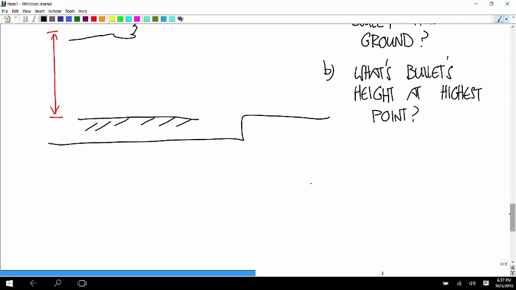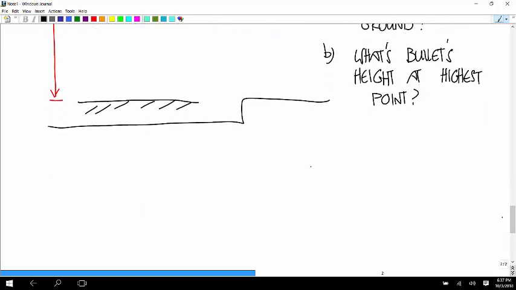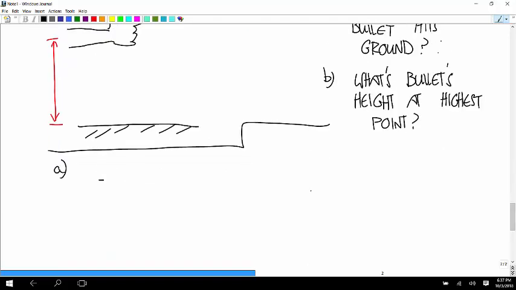Any questions about what I'm asking before I start doing this calculation? Bless you. Okay, so first we want to calculate the elapsed time for it to hit the ground. And we have to make those 4 choices. Time equals 0 is going to be when it's shot. Time final is going to be when it hits the ground.